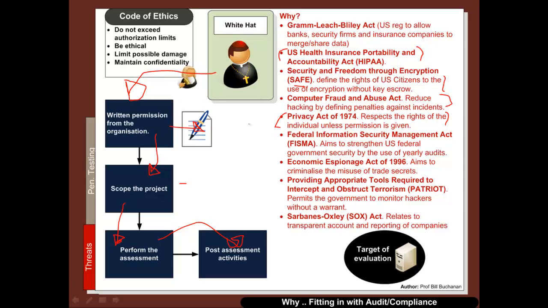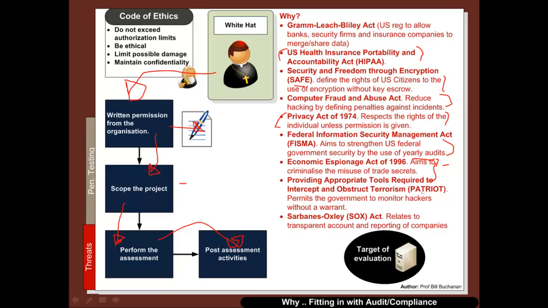We have the Federal Information Security Management Act, which focuses on the yearly audits of companies, basically around the security of these. The Economic Espionage Act aims to criminalise the misuse of trade secrets, such as for spying and so on.